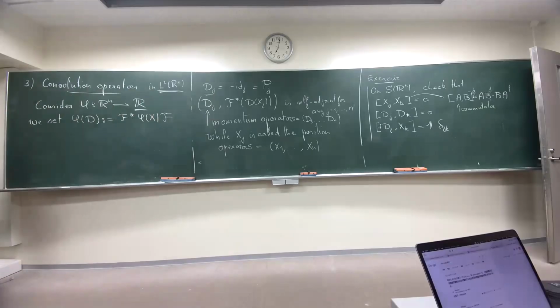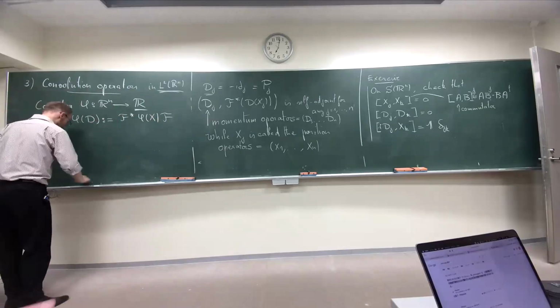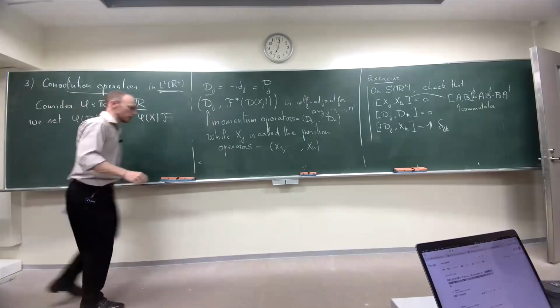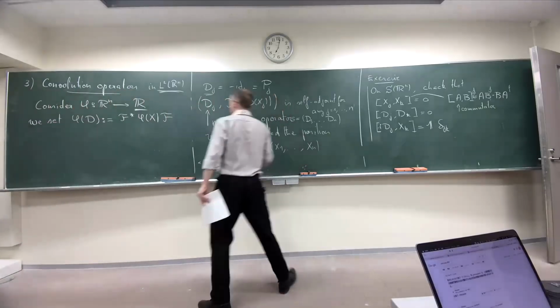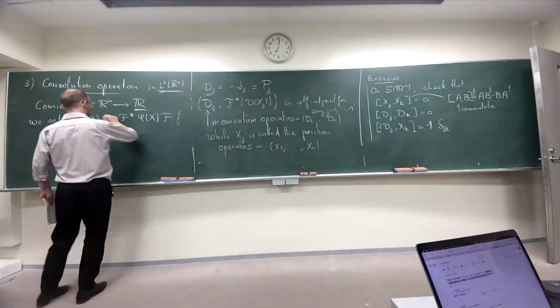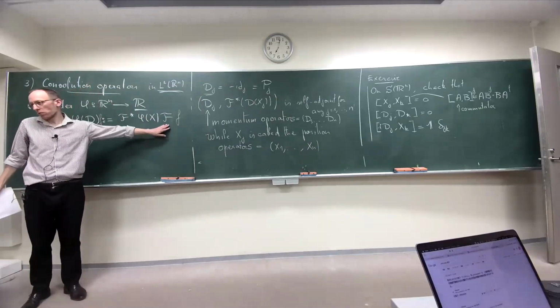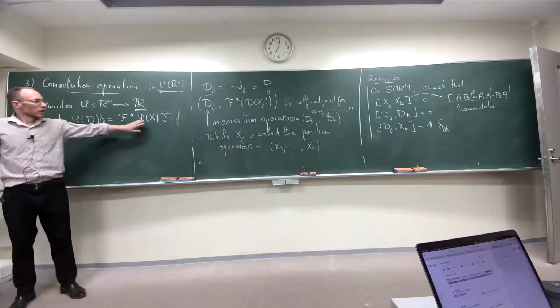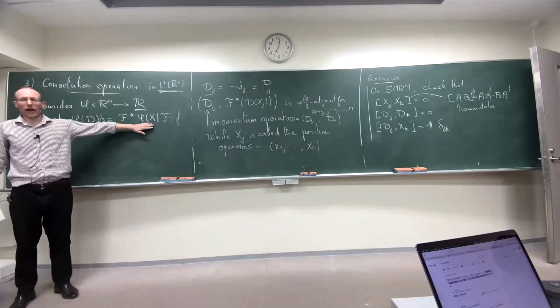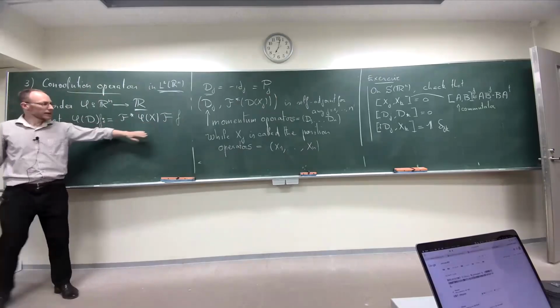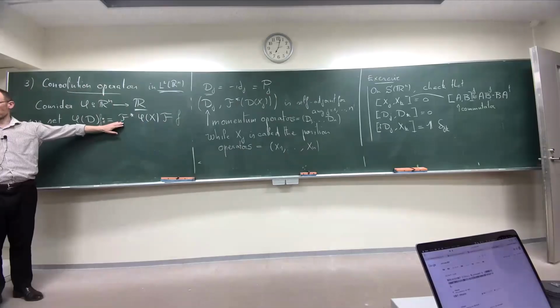What is it? So when you apply this on f, I don't need to put it on the f, but let's assume that I apply this on f. What you do, take the Fourier transform, multiply by the function phi, it's a multiplication operator, and take again Fourier transform.